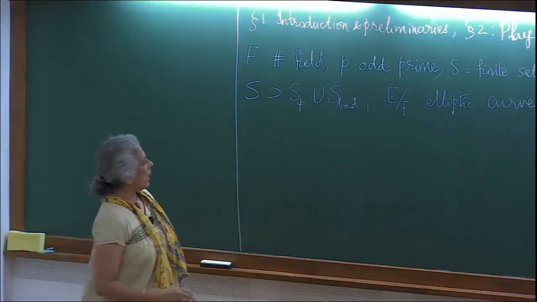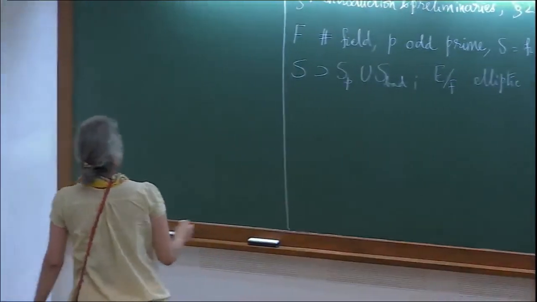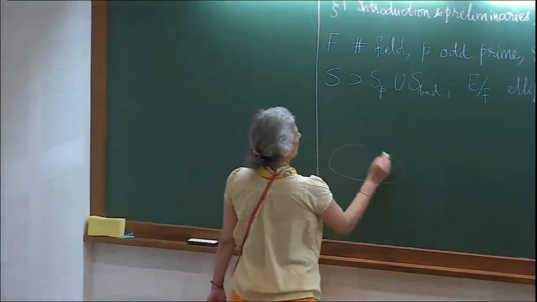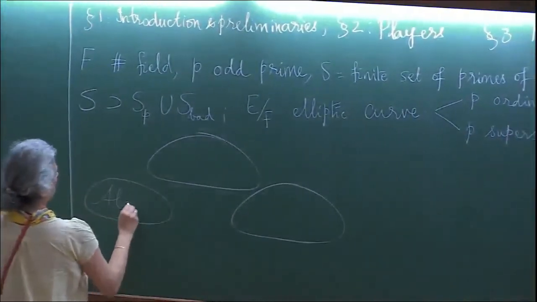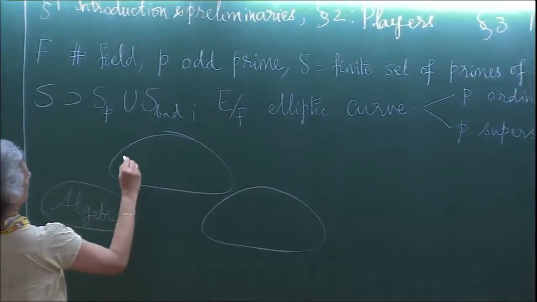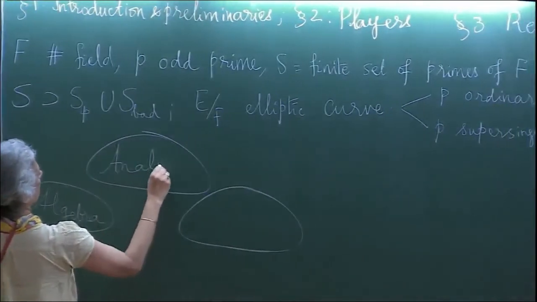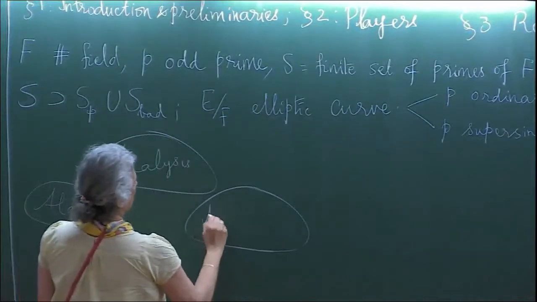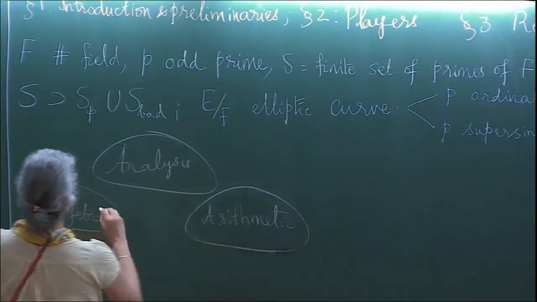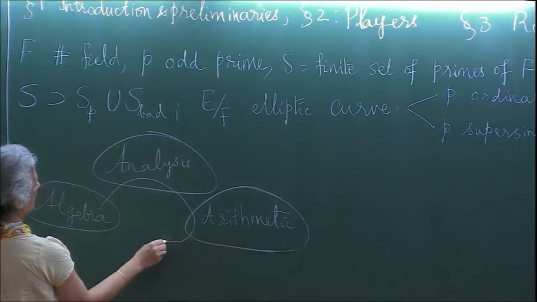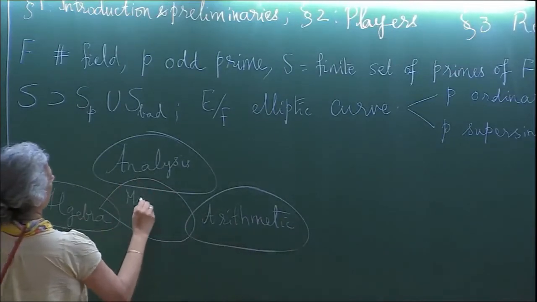And again in Iwasawa theory, there are these 3 themes, 3 islands. One is related to algebra, the other is analysis, and the other is arithmetic. The intertwining subtext for all these 3 is the so-called main conjectures.